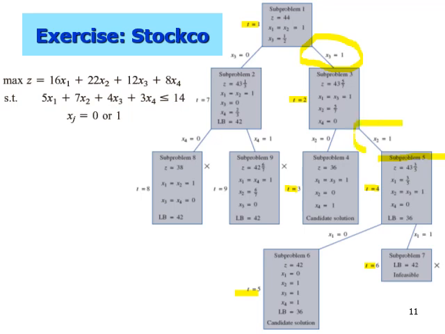Here it says x2 equals 1. So before you are putting any item in your knapsack, you must make sure that in subproblem 5, x3 equals 1 and x2 also equals 1. So before doing anything, you must put item 3 and item 2 into your knapsack when you are doing subproblem 5. Why? Well, because you are following these branches here, so you must satisfy all the constraints in those branches.